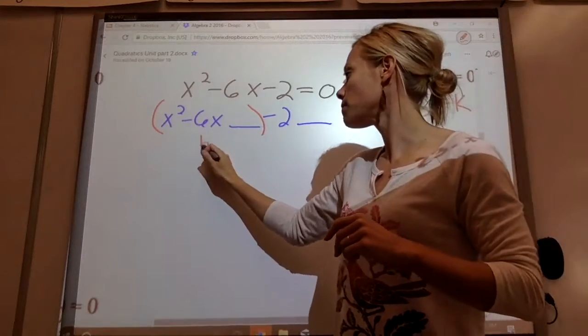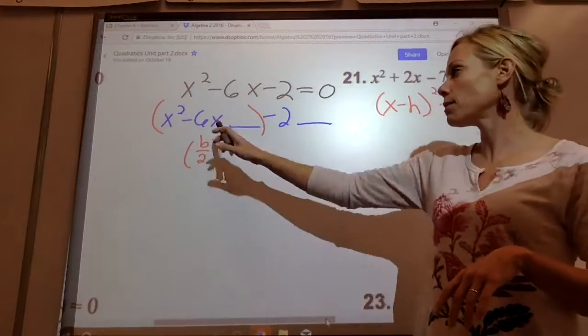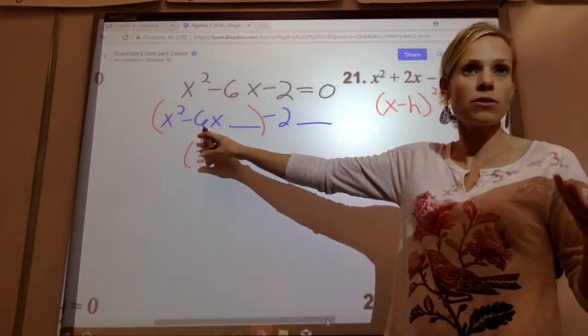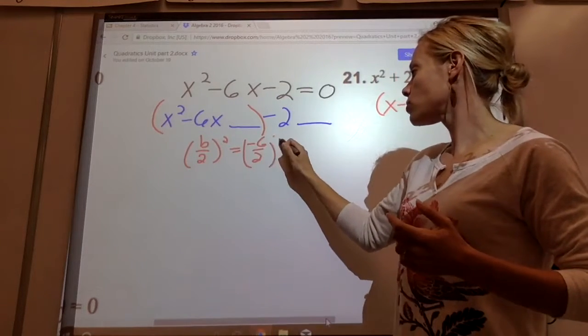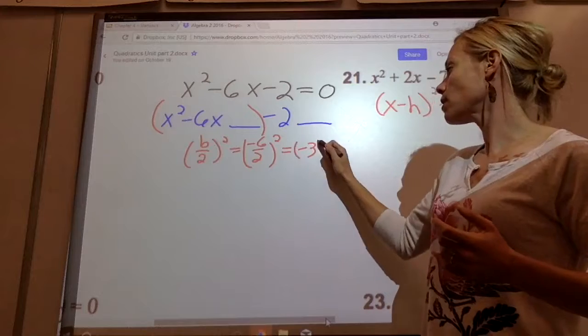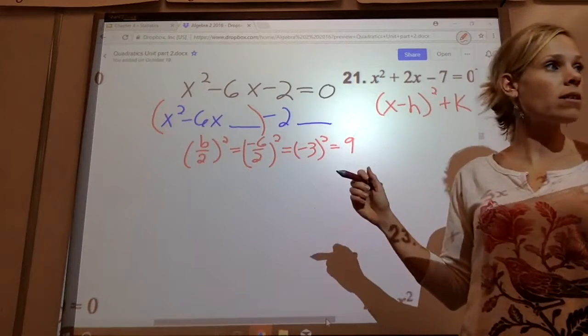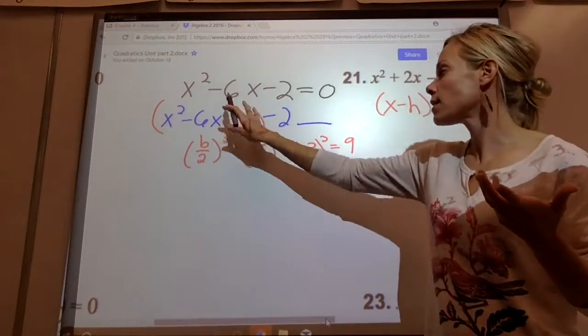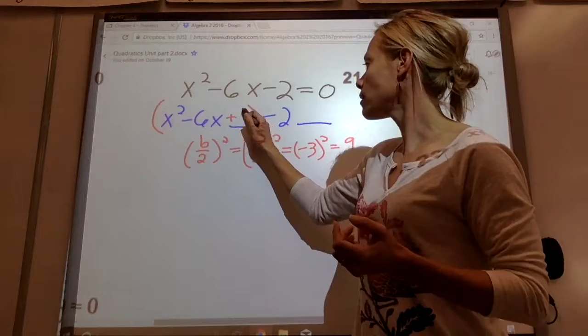There's a formula. It's b over 2 squared. B being whatever number's in front of the x term. So -6 divided by 2, squared, is -3 squared, which is 9. 9 is going to be the number that allows me to get this into this form. So I'm going to add 9 here.